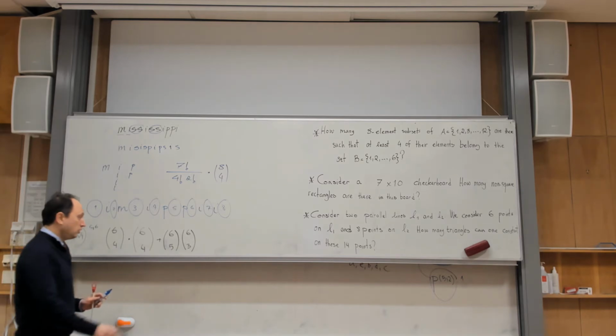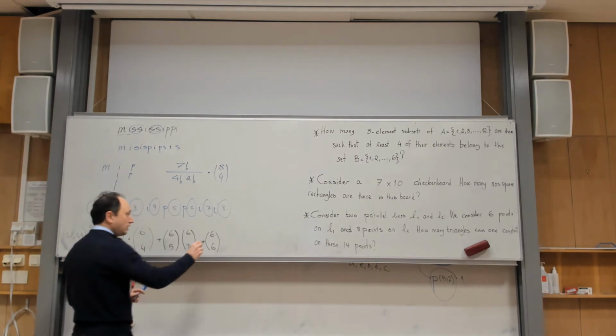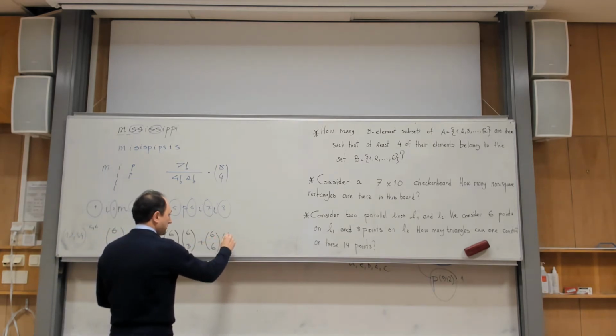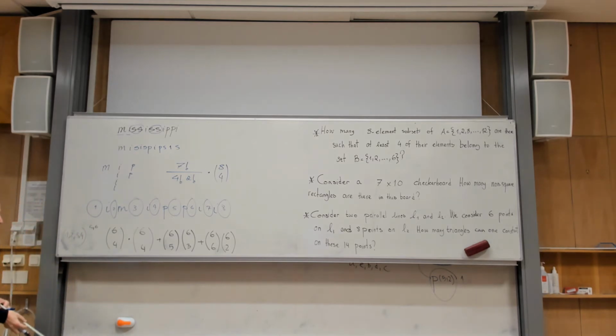Or exactly 6 elements from B and 2 elements outside B. This is a simple question, but based on my experience, many people get confused when they want to write the answer.